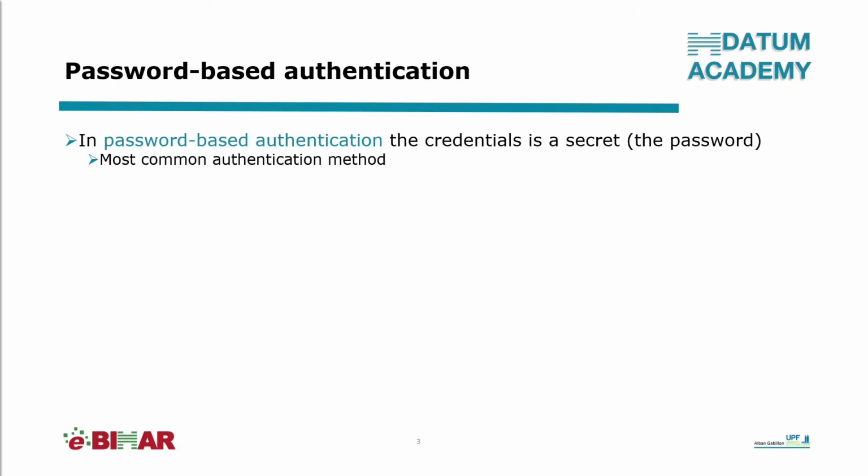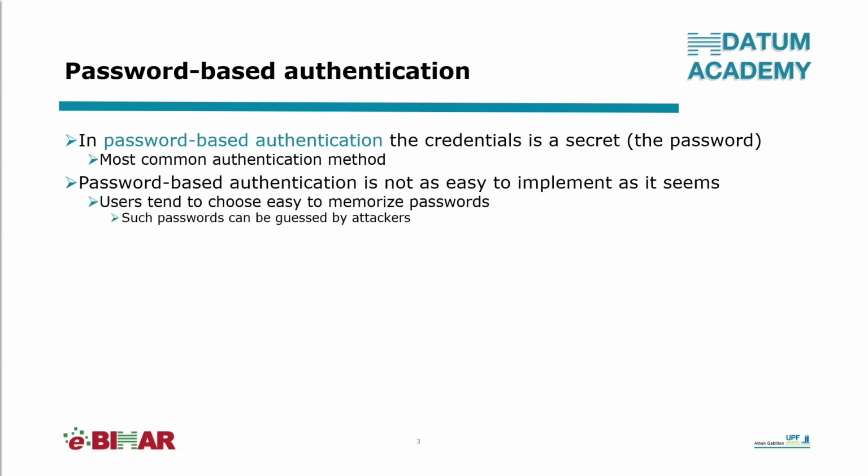In password-based authentication, the credential that the user must provide to the system to authenticate is a memorized secret and is called the password. This method is the most common method to authenticate users. Although it looks very simple, password-based authentication is not as easy to implement as it seems.